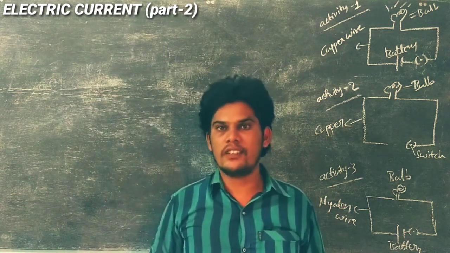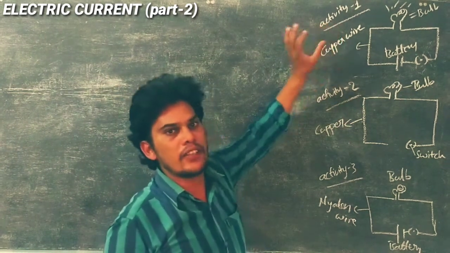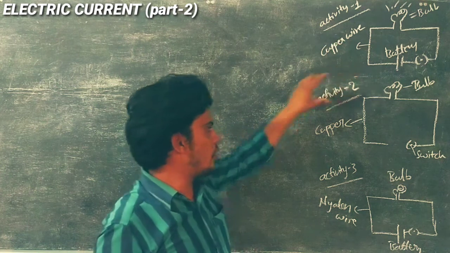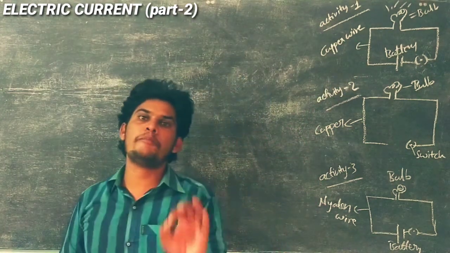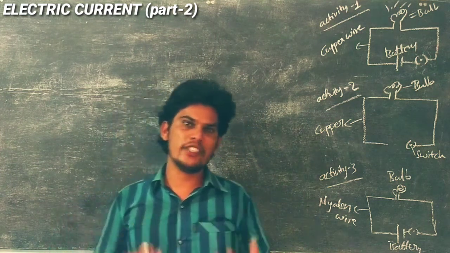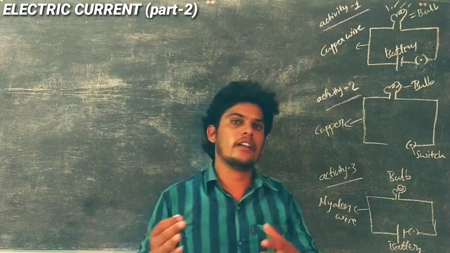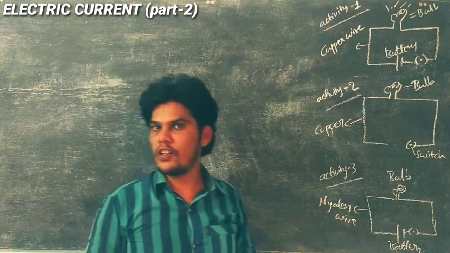From these two observations, we can answer why the bulb glows in the first situation and does not glow in the second and third situations, as we discussed in the first part of the electric current lesson. If you have not watched that video, I suggest you watch it for better understanding of the concept. Please watch the previous video also.